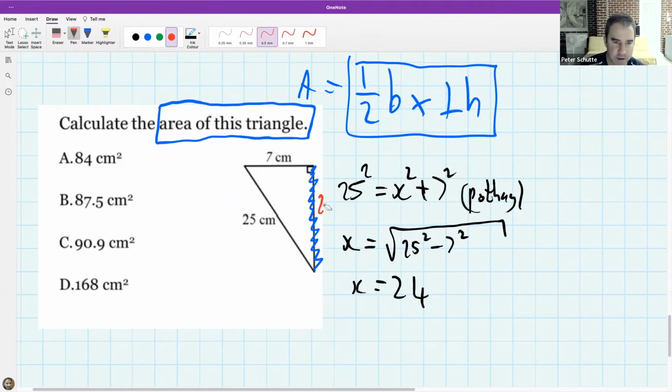And if I get my unknown side as 24, I then can use those two things to find the area of the triangle. I see some answers coming in. So guys, keep those answers coming in. So the area is a half times the base. So I'll say times 7 times 24.